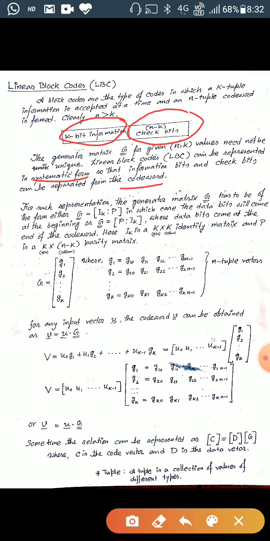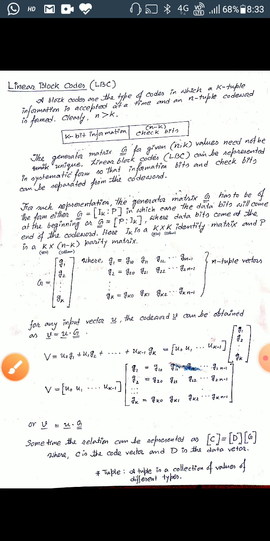For such a representation, the generator matrix G has to be of the form G equals [Ik P]. Ik means the message signal, and P is the redundancy bits in matrix form.